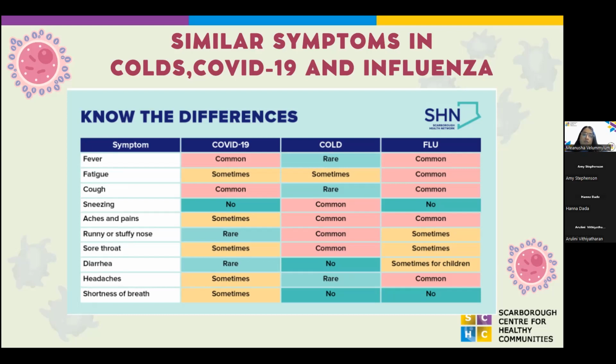Diarrhea is rare for COVID-19, but it does happen. With the cold, not so much. And for the flu, diarrhea is a symptom that mostly affects children. Headaches, again, sometimes for COVID-19, pretty rare for the cold, and very common with the flu. Shortness of breath, again, sometimes happens with COVID-19, not so much with the cold and not so much with the flu.